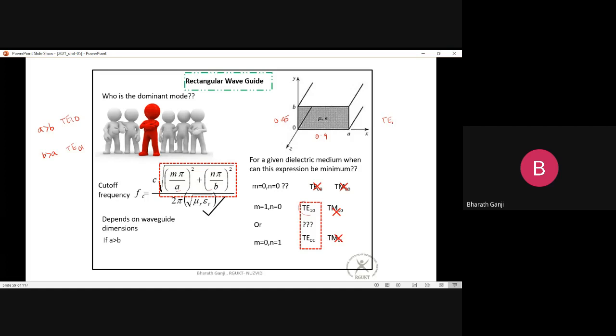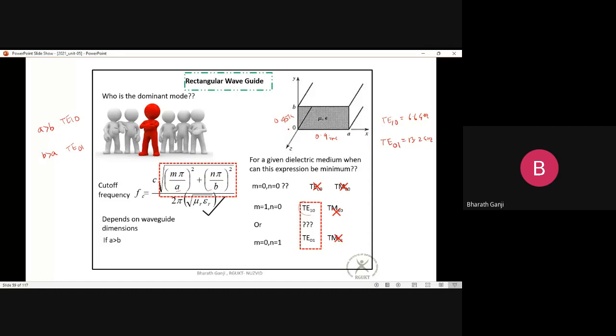If you remember, for TE10 mode you have calculated the cutoff frequency, ఎంత వచ్చింది అంటే something 6.6 gigahertz వచ్చింది. If you want to calculate what is the cutoff frequency of TE01 mode, what do you think you'll get? దానికి డబుల్ వస్తుంది. సో ఐ థింక్ 13.2 GHz వస్తుంది. సో యూ కెన్ క్యాలిక్యులేట్ ఇట్.